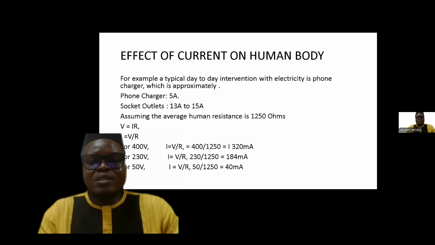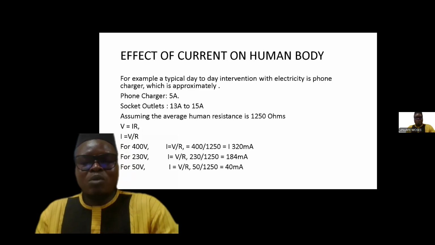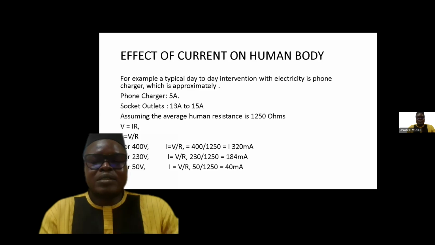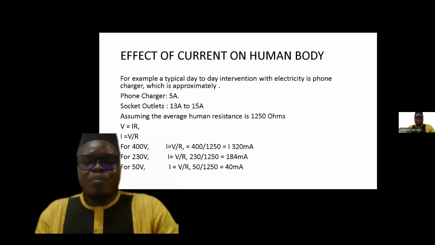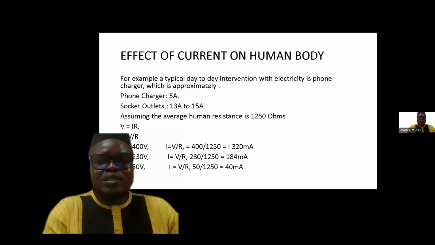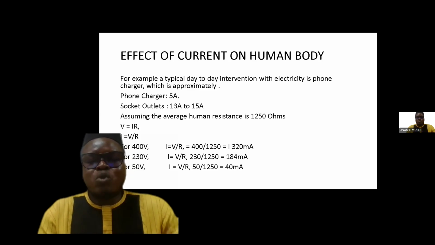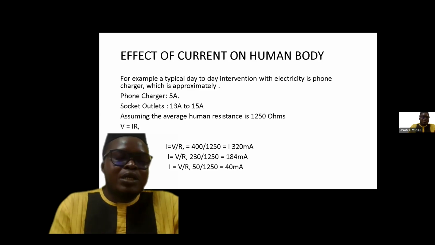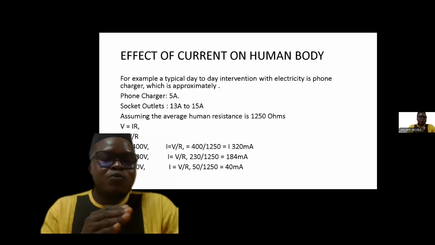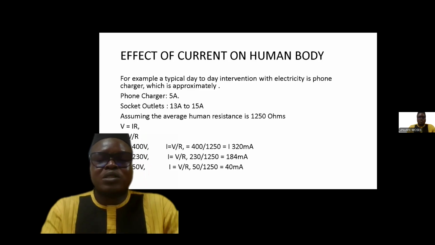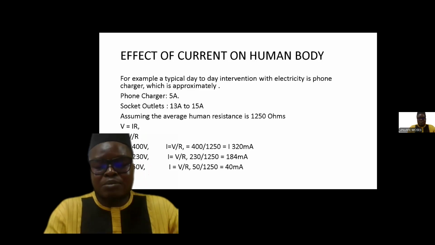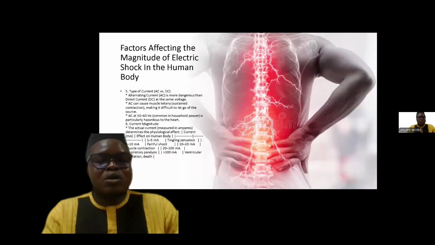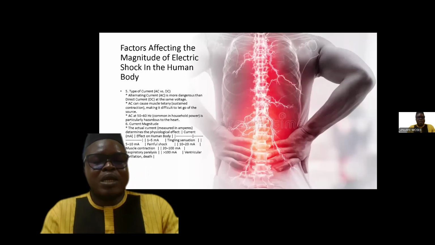When you divide this, the outcome is going to be 0.320. When you multiply by 1,000, it gives you 320 milliamps. So the current that will flow through your body when you are exposed to 400 volts is going to be what? 320 milliamps.